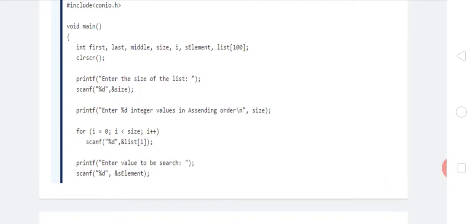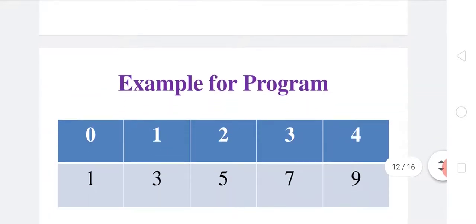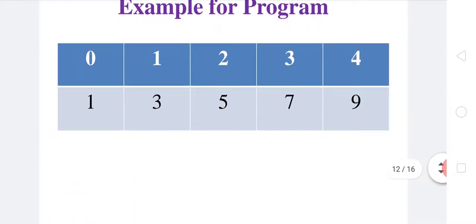Then list of 1 contains the element 3, list of 2 contains the element 5, list of 3 contains the element 7, and list of 4 contains the element 9. Already we stored them here.